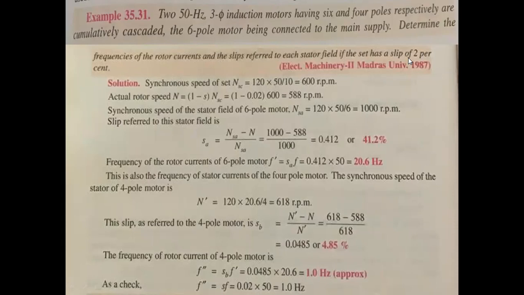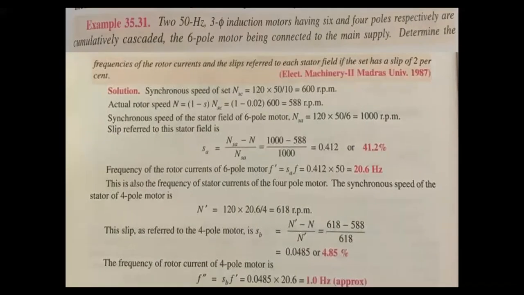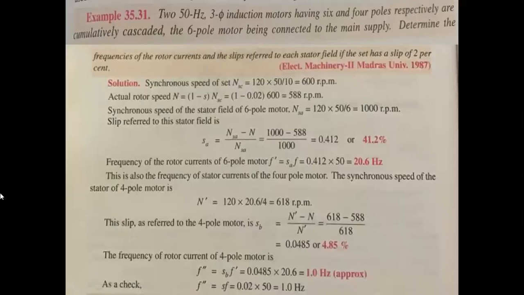F double dash is equal to S into F, using the set slip and the supply frequency. So F double dash is equal to 0.02 into 50, the set slip into the set frequency. That becomes F double dash equal to 1 Hz. Proved, we got 1 Hz here also, so our frequency is correct.